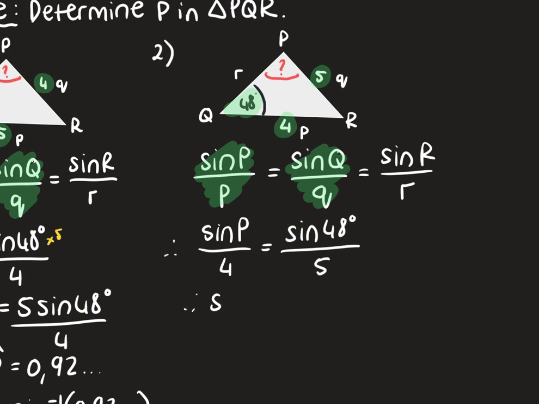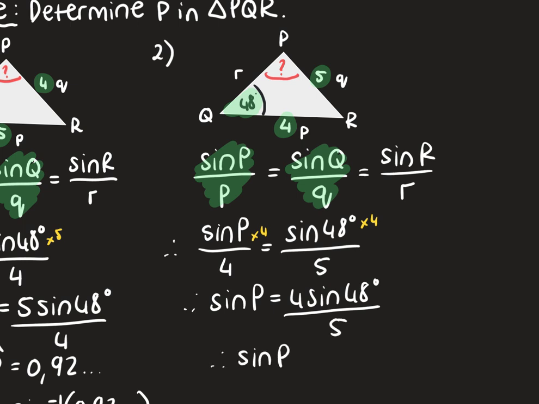Okay, then we're going to solve for P. So sine of P, what are we going to do here, guys? Times this side by 4, times this side by 4 in order to get the sine P by itself. So that's going to be 4 sine of 48 degrees over 5. Therefore, sine of P equals 4 sine of 48 over 5.